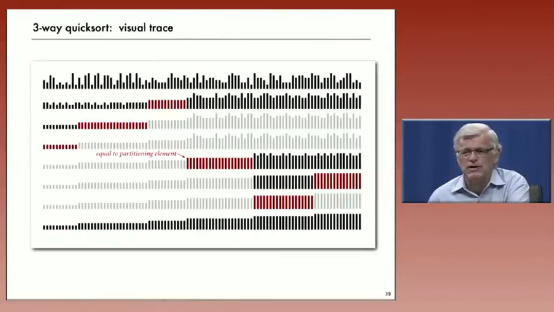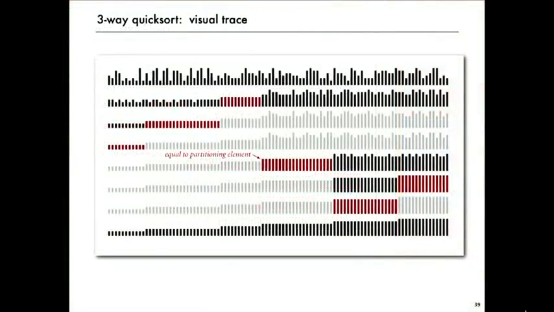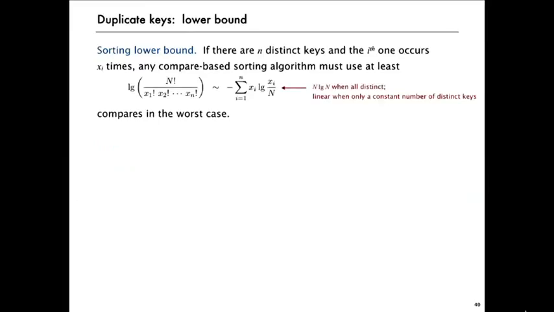Here's a visual trace of three-way Quicksort for a situation with plenty of equal keys. And again, when there's lots of equal keys, there's going to be a place where one of those is chosen as a partitioning element, and then a big chunk of the array gets handled just in the partitioning process.